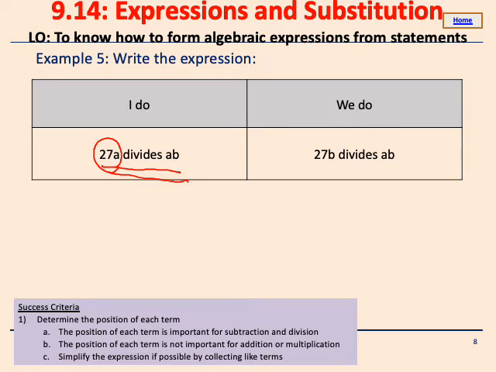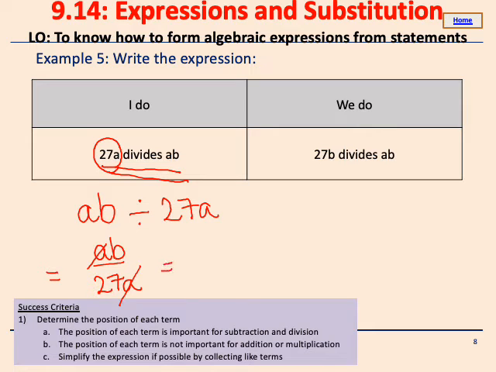So we have ab divided by 27a. So let's write that as a fraction. So we've got ab over 27a. We can take out a factor of a from the top and the bottom. That leaves us with b over 27. There is our expression circled.